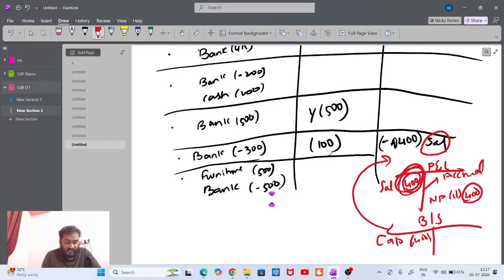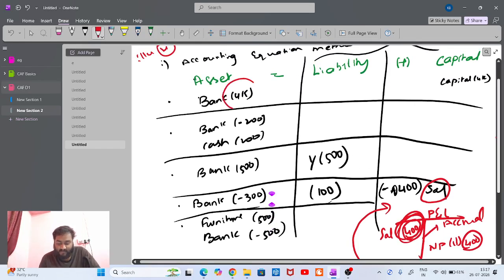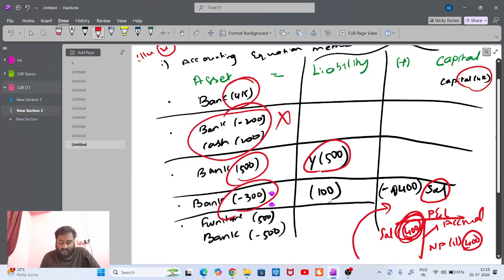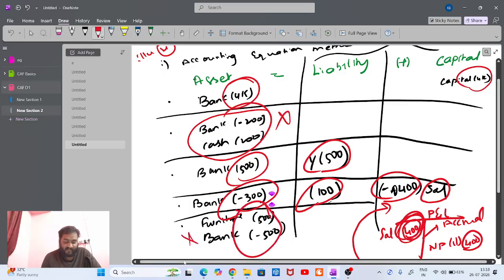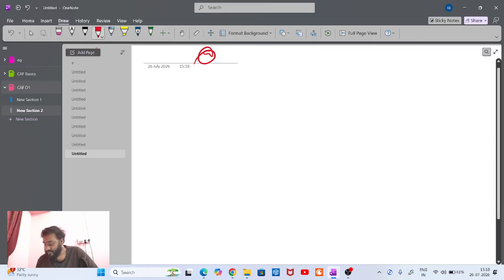So if we check, it always matches: 4,000, 4,000, 200, 200 nullifies, 500, 500, 300, minus 300, minus 400, plus 100, and 500, 500 nullifies. This is how it is to be made. And accounting equation is done.